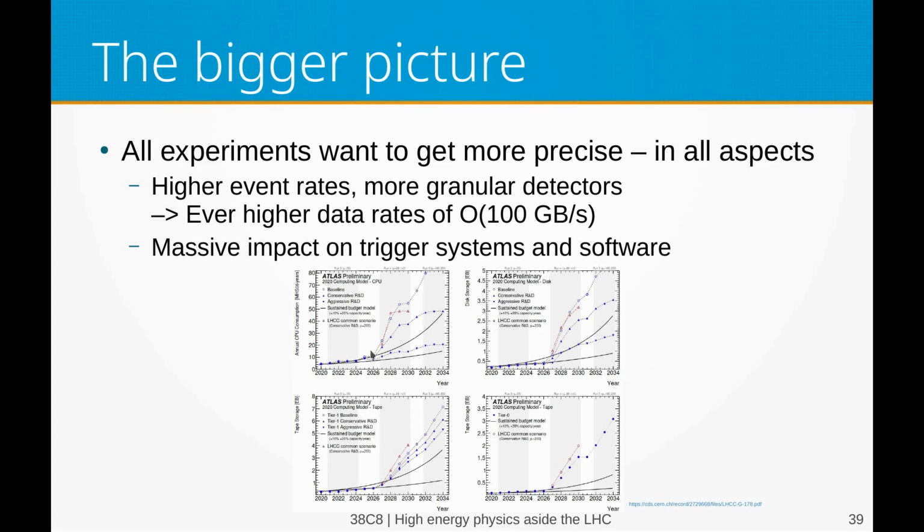You can see here that they start here, and now they go to what they call the high-luminosity phase, and this is what they expect. It might be that they need 16 times more computational power than they currently have. Just increasing your computer farm by a factor of 16 isn't really reliable. In the end, you would also need 16 times more storage and so on. So it's really difficult to just ramp up and say, oh yeah, let's go to higher event rates and better detectors.